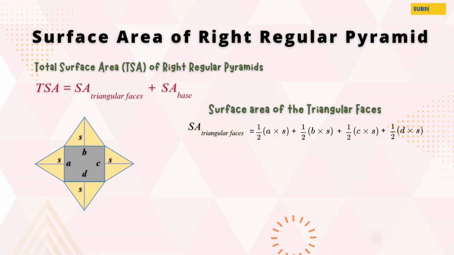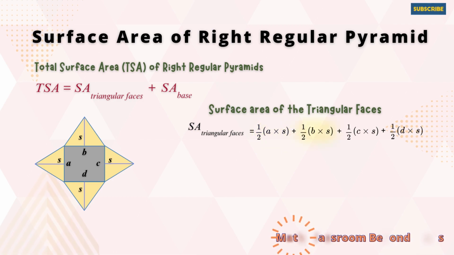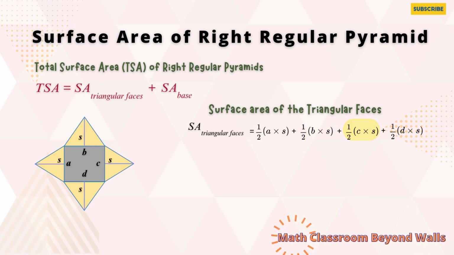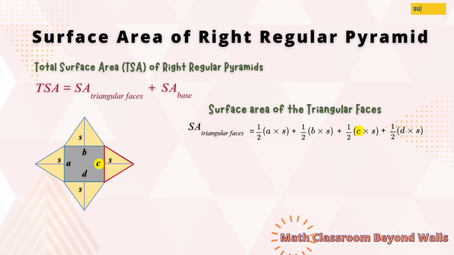So we have the surface area of the triangular faces is 1/2 A times S plus 1/2 B times S plus 1/2 C times S plus 1/2 D times S, where A is the base of the first triangle, B the base of the second triangle, C the base of the third triangle, and D the base of the fourth triangle.